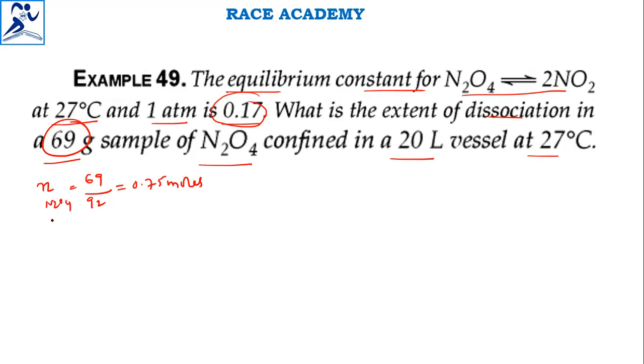If we consider alpha the degree of dissociation, then from the given equation, N2O4 gives rise to 2NO2.